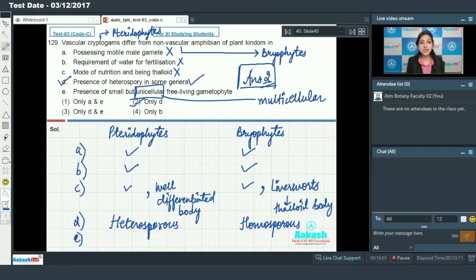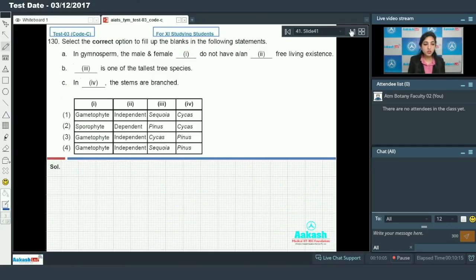Moving on to the next question, that is question number 130. Select the correct option to fill up the blanks in the following statements. In such type of questions, you can check the first or second fill up and then rule out the rest of the options. First is, in gymnosperm, the male and female dash do not have a dash free living existence.